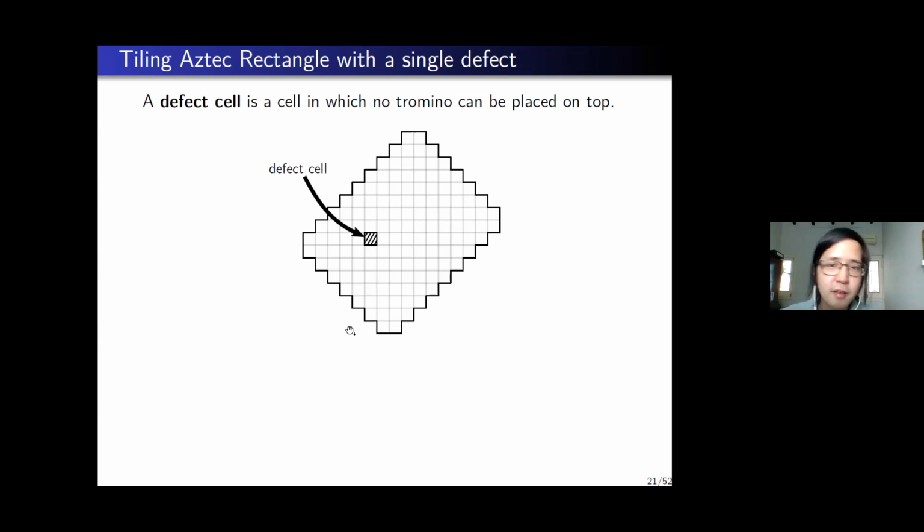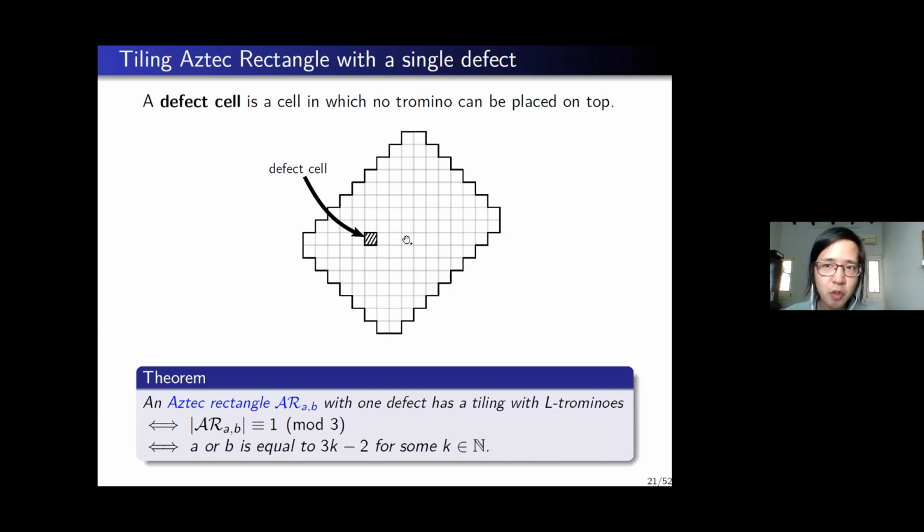Now we add a restriction to the problem called defect cell. A defect cell is a special cell where we cannot place an L-Tromino on top of the defect cell. If we have just one defect cell, the number of cells of the AZTEC rectangle will reduce by 1.